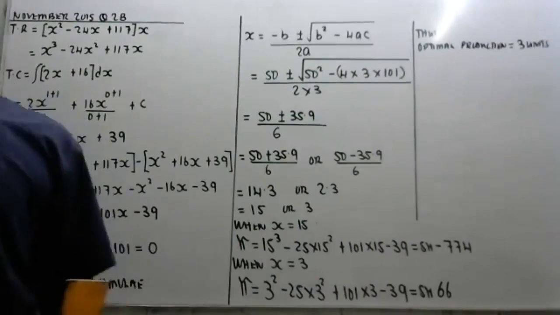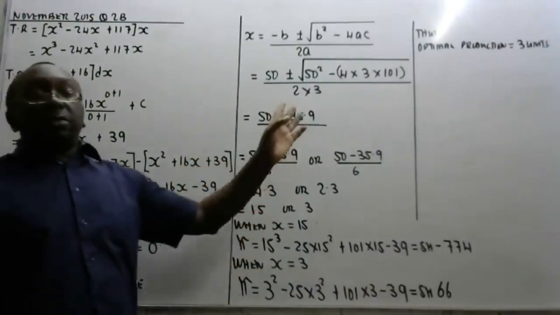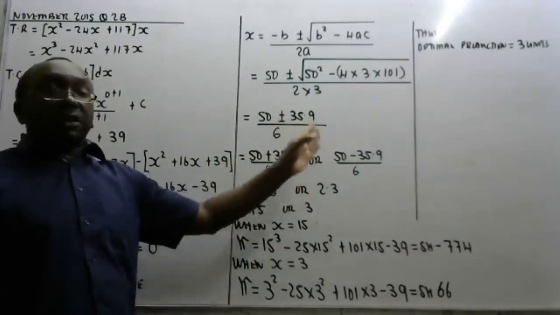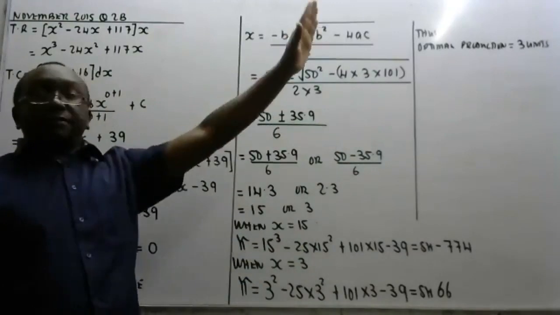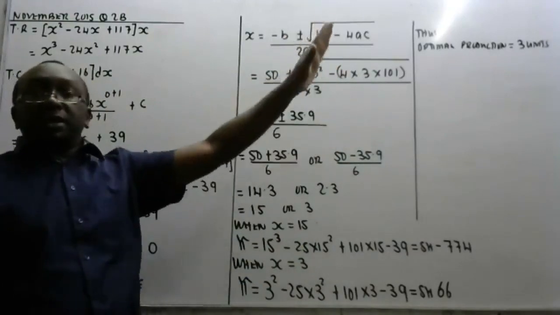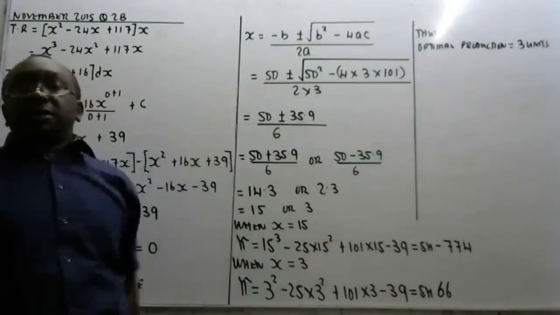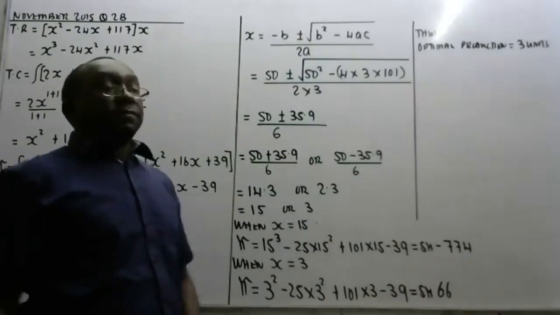If you have done economics, then you should appreciate the issues of economies and diseconomies of scale. By the time you are doing 15, the cost functions have already taken the U-shape. The diseconomies, so profit is negative.